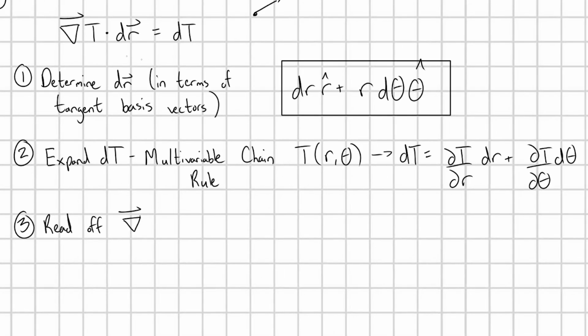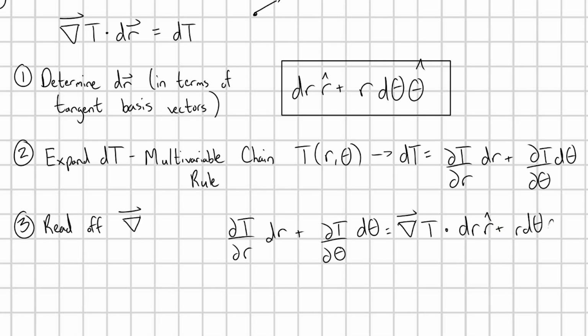But now, with these ideas, we're able to put this all together. I'm going to plug in for each. First, I plug in for dt, so I have partial T partial r dr plus partial T partial theta d theta is equal to the gradient of T, I don't know what this looks like, dotted with dr r hat plus r d theta theta hat.